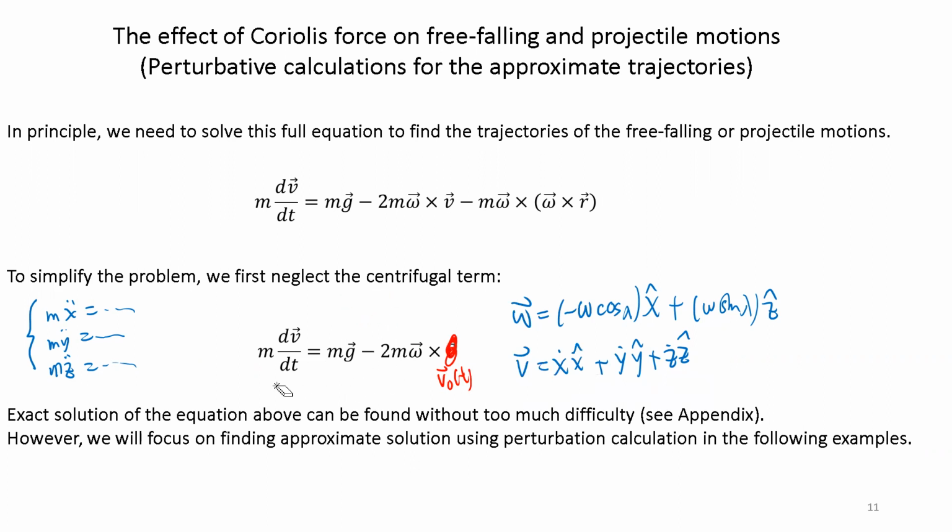So like this. Then what you would realize is that this term is known and is small, and it will cause a correction to the straight trajectory itself.